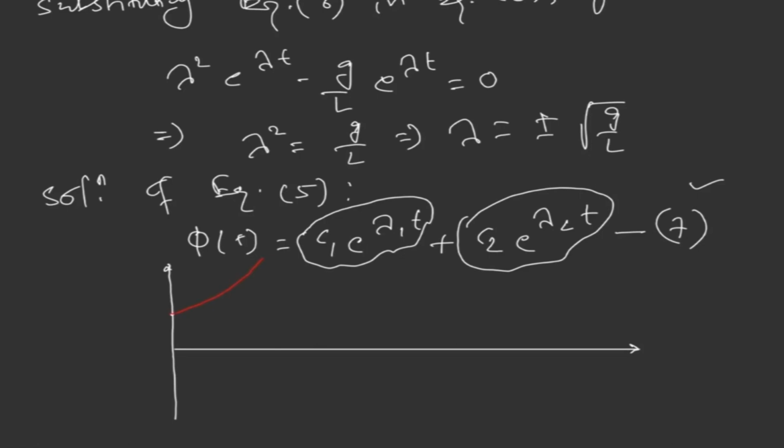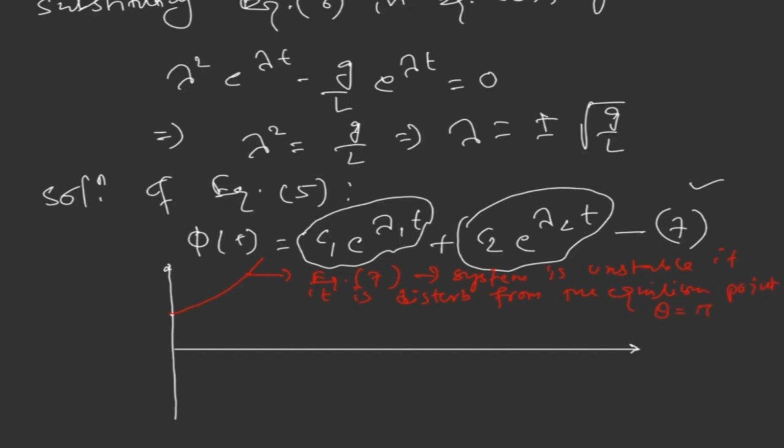So this is basically equation 7. And I can say the system is unstable if it is disturbed from the equilibrium point theta equal to pi.